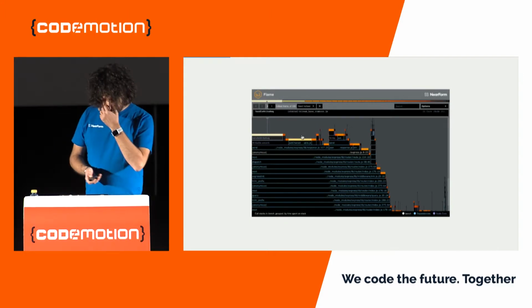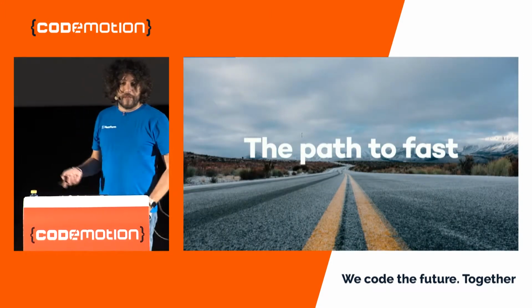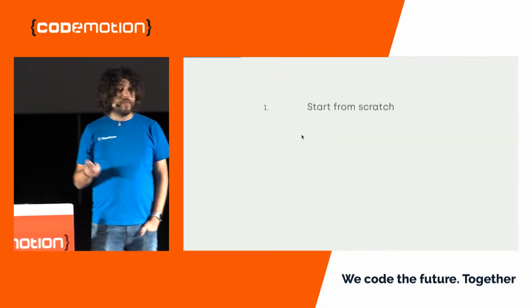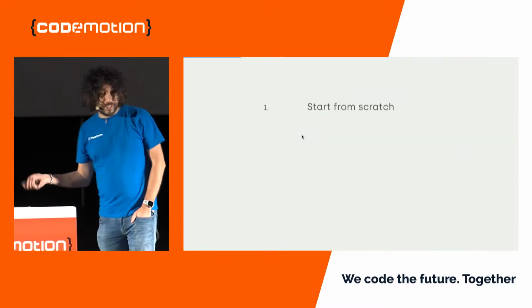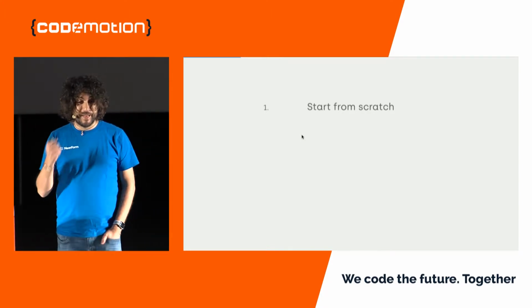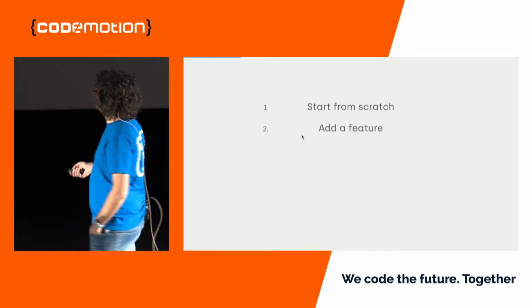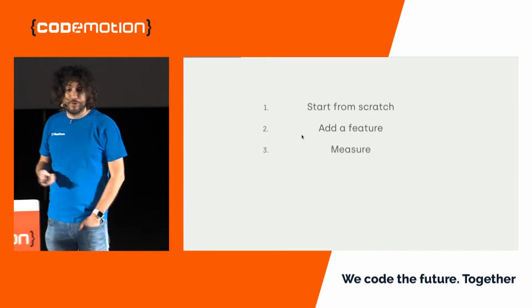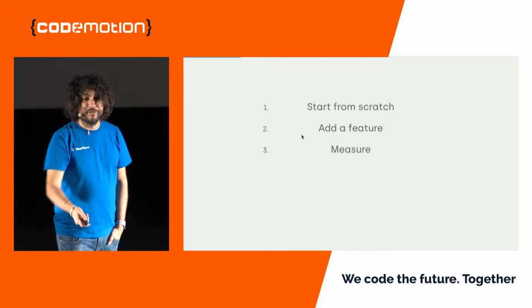Yeah. So how do you get fast? How do you implement something that is fast? Well, I call it benchmarking-driven development. So you start from scratch most of the time. That's the best way to write something fast. And then you add a feature, right? Then after a feature, you measure that feature.